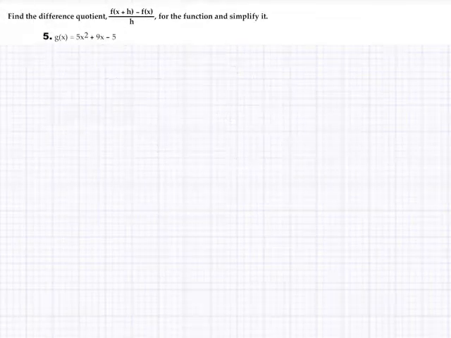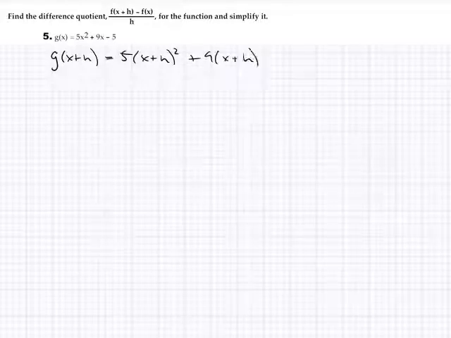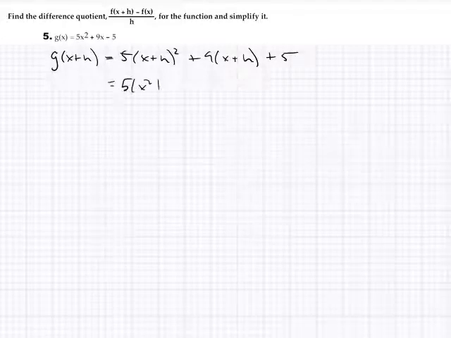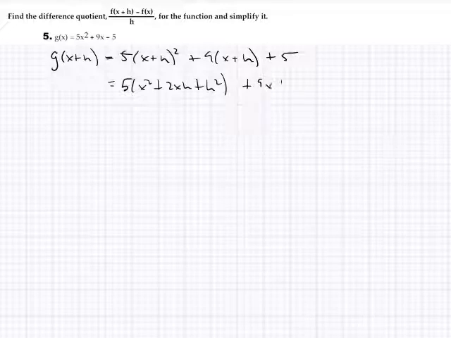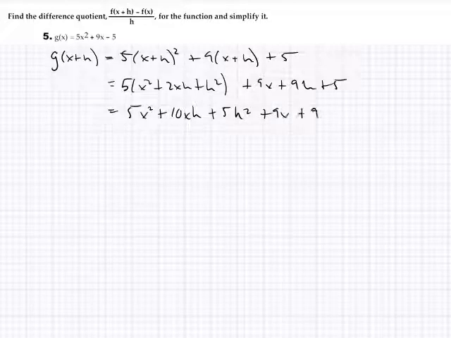In this one, we want to find the difference quotient, so we have to figure out what g of x plus h is first, which would be 5 times x plus h squared plus 9 times x plus h plus 5, in which case we would get 5 times x squared plus 2xh plus h squared plus 9x plus 9h plus 5, giving us finally 5x squared plus 10xh plus 5h squared plus 9x plus 9h plus 5.